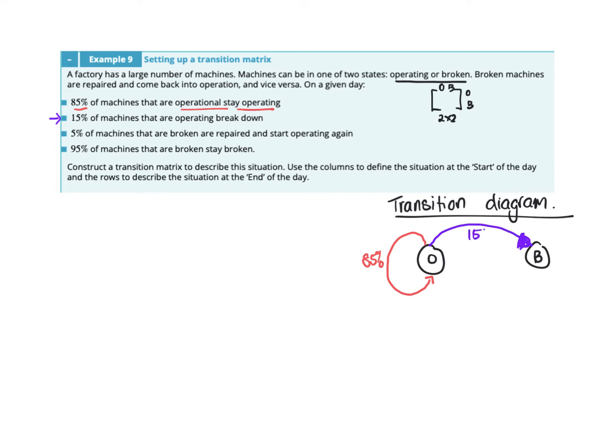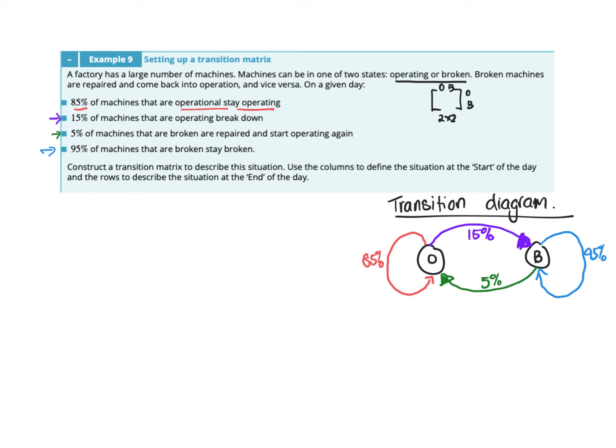Then we've got 5% of machines that are broken are repaired and start operating. So broken to operating is 5%. And the last one, 95% that are broken remain broken. So that would be if you had to draw a diagram up from it.